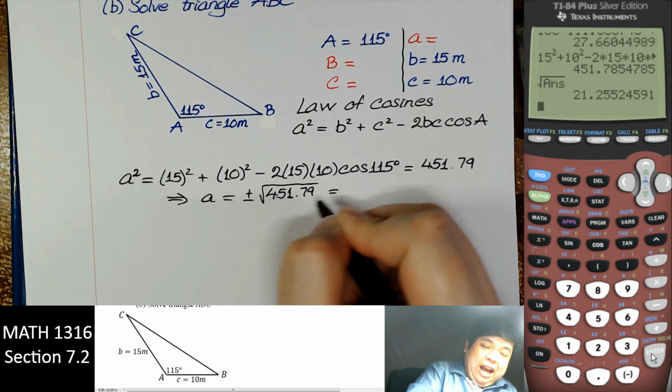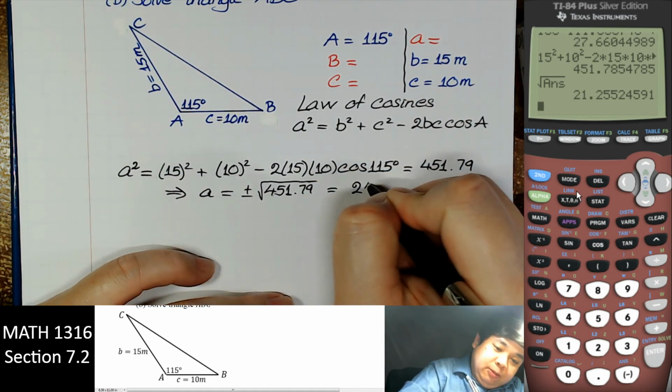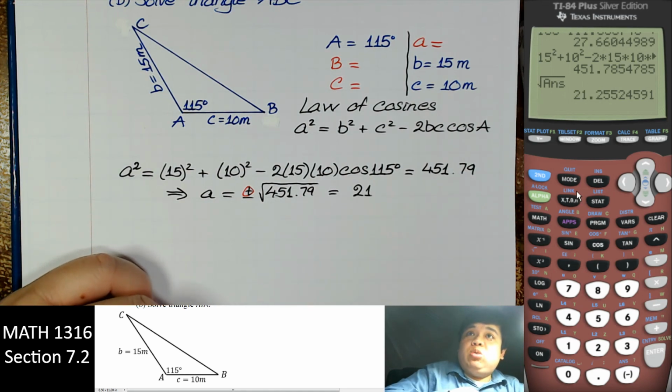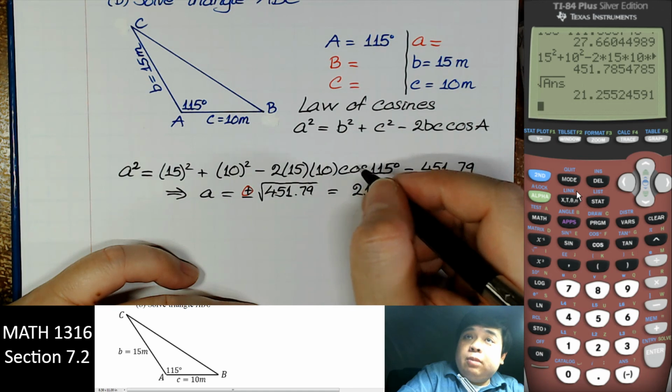However, a is the measurement of a side of a triangle and cannot be negative, so we just use positive. That is 21.2556.